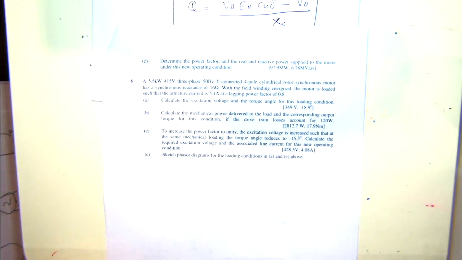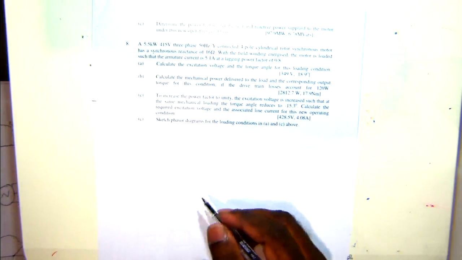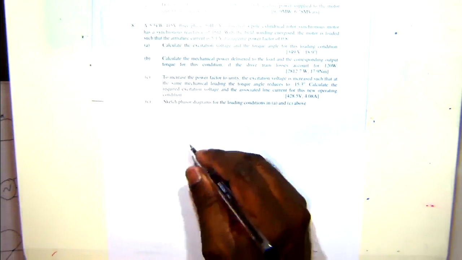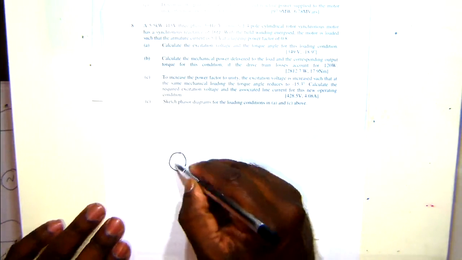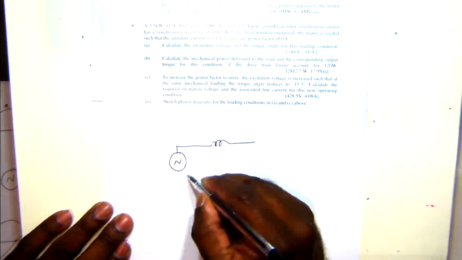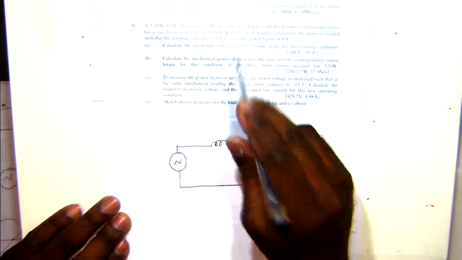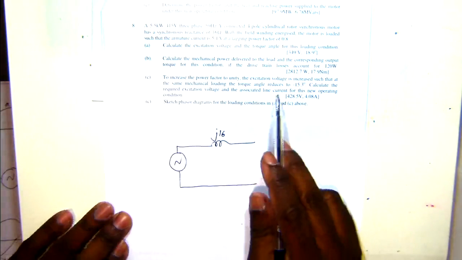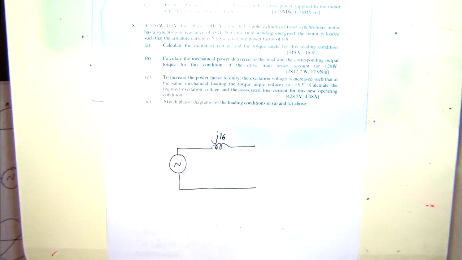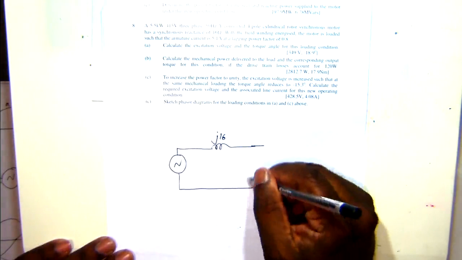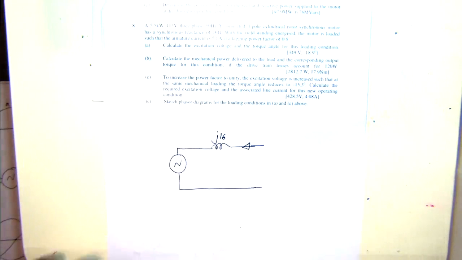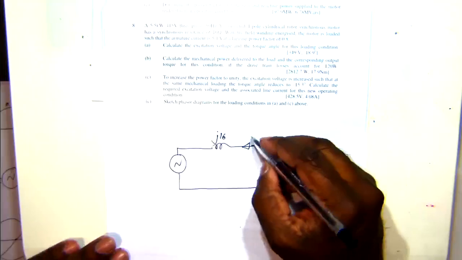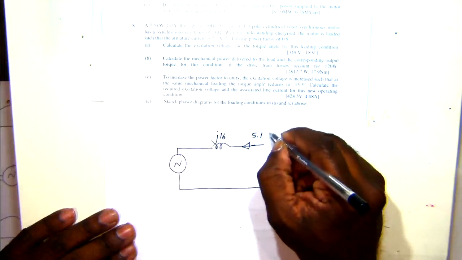So we can draw the equivalent circuit. When you get this form of question, first draw the equivalent circuit where you have the synchronous reactance, and that's 16 ohm. So this is operating as a motor. So the current we can draw into this system. So that will be 5.1 ampere.